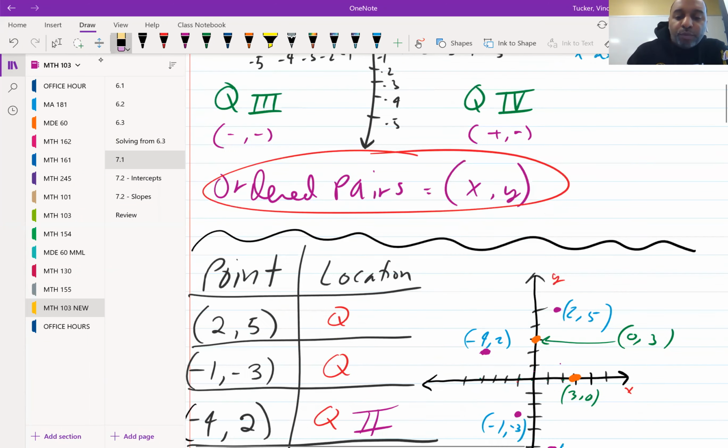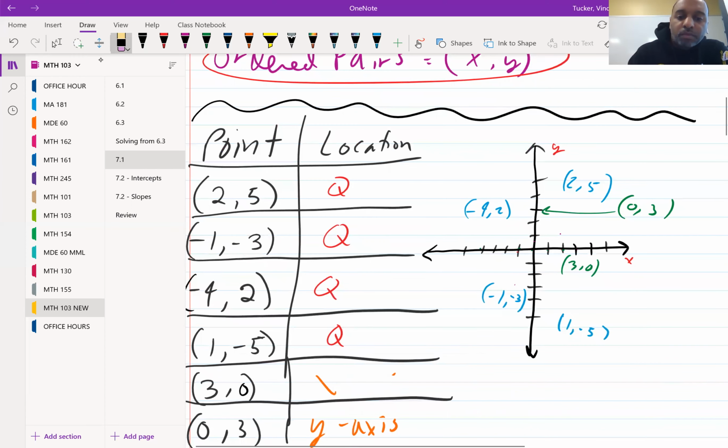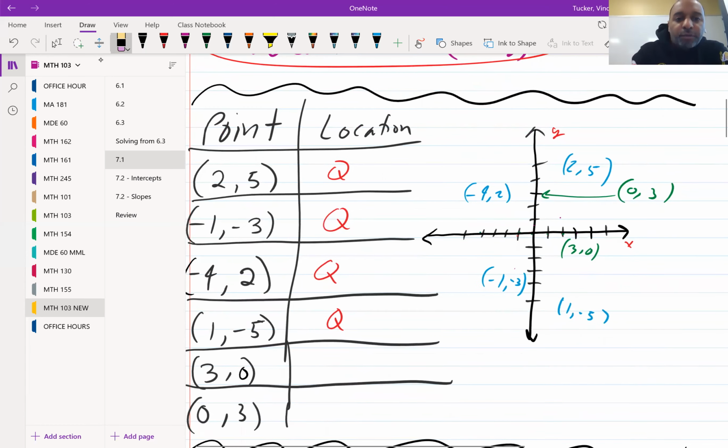All right, so let's graph a few points. We have these 6 points right here. Just want to make sure we're okay with how we're going to graph and what points would go where.